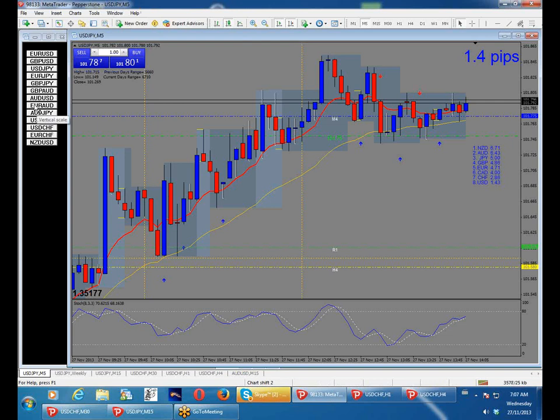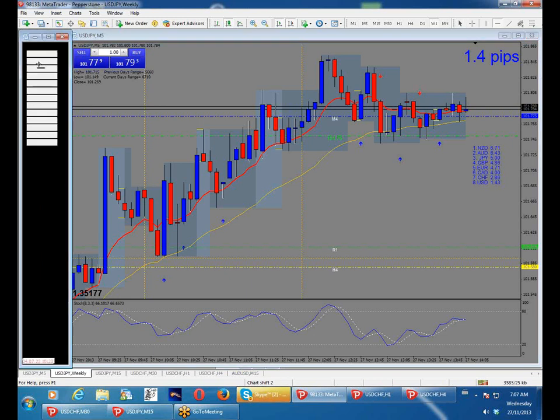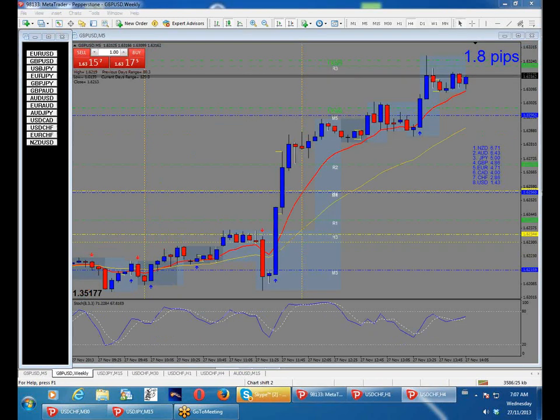We're waiting for it to break the outside bar, this one right here. It might happen. We have a potential break on the GU as well. There's an inside bar here. That's true.